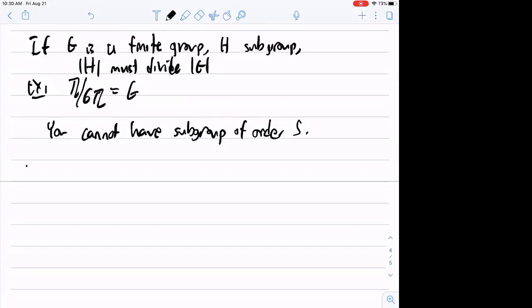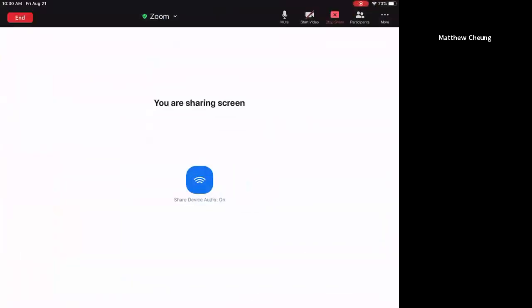So question: what if the order of G is a prime P? What subgroups are there?